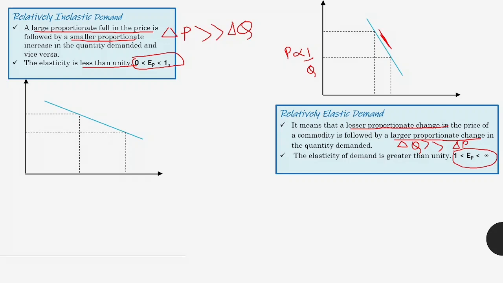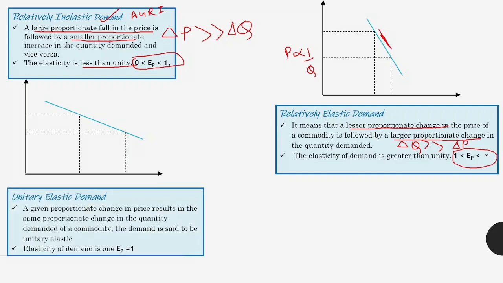Our agriculture products are inelastic. So do remember that agriculture commodities are inelastic, since there is a change in price, but we do not see any change in quantity. Now the last one is unitary elastic demand. A proportionate change in price results in the same proportionate change in quantity demanded of the commodity.